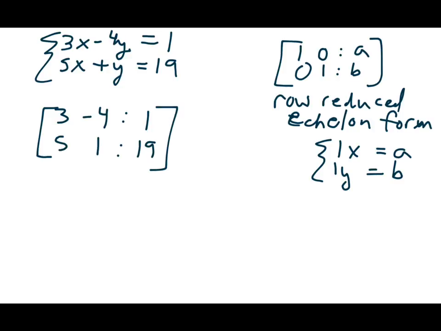Okay? So we're going to do it basically just like we did the other way. We can replace any row with the sum of any two other rows. So what I'm going to do first, I'm going to replace row 2 with negative 5 times row 1 plus 3 times row 2. Okay? That would give us these to be opposites.